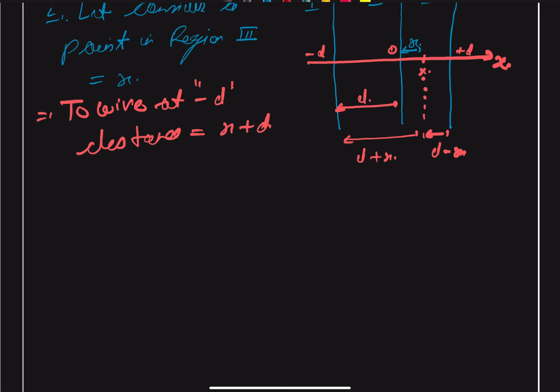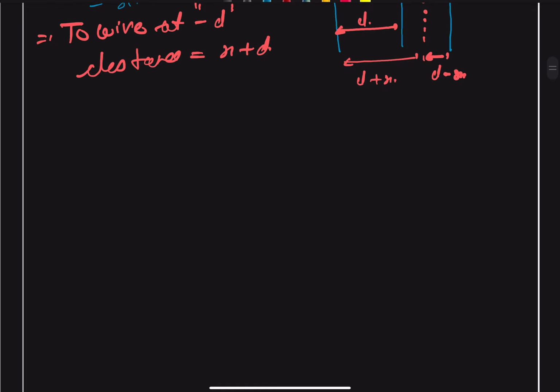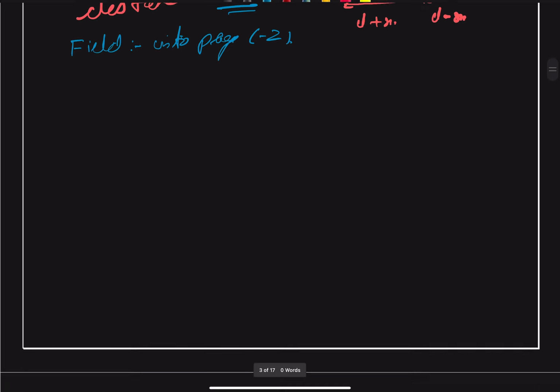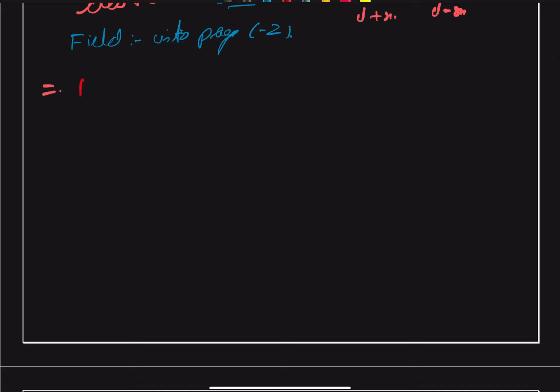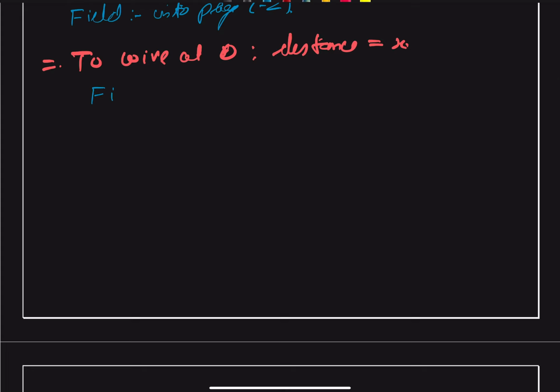To the wire at minus d, the distance is x plus d, the magnetic field is into the page, that is minus z, and to the wire at 0 we have a distance x, and the field is into the page, that is minus z.